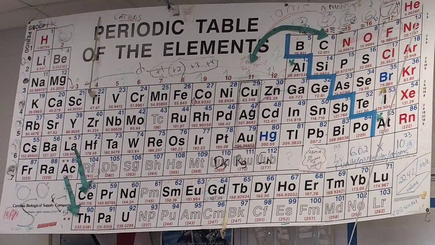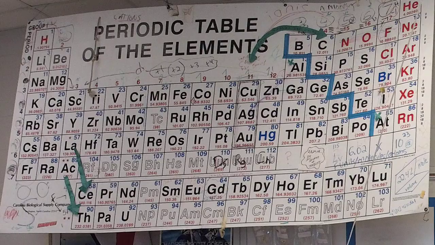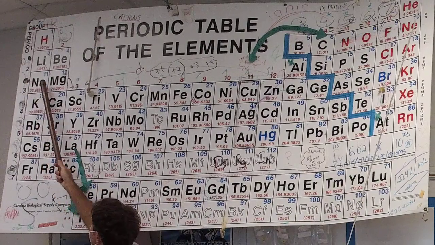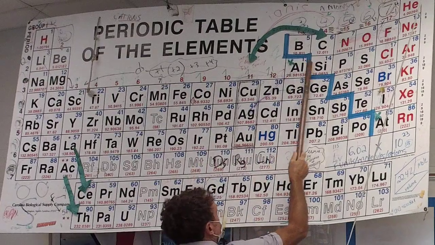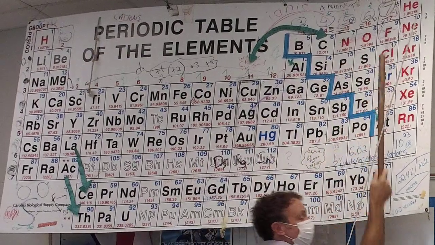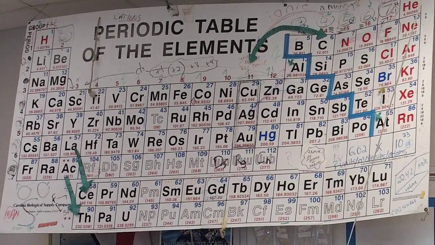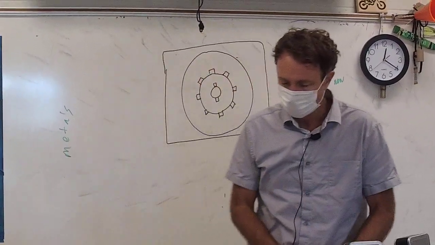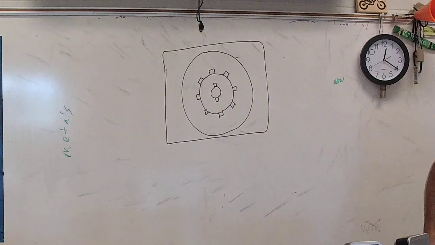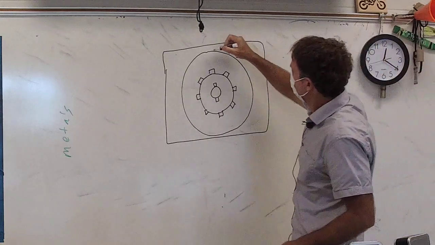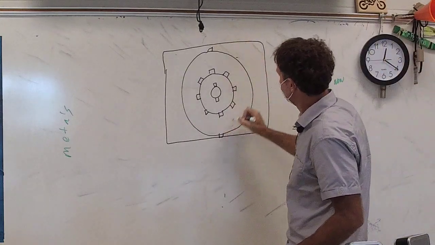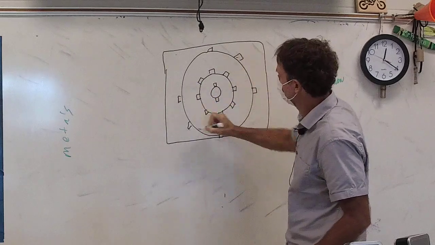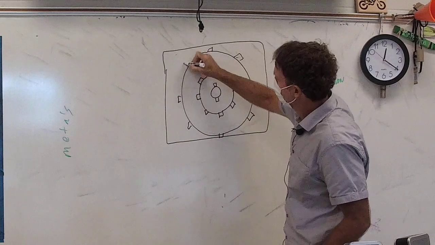Let's go down to period 3. How many elements are in period 3? 1, 2, 3, 4, 5, 6, 7, 8. Yeah, so period 3 is the third ring of your Bohr model. So that's the same thing. All right?